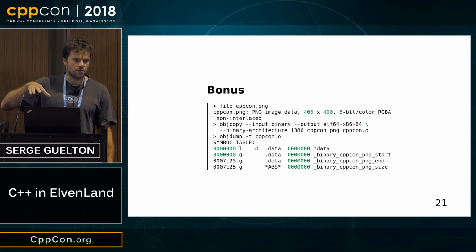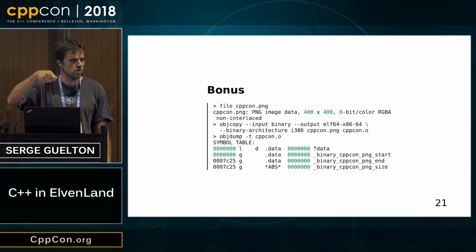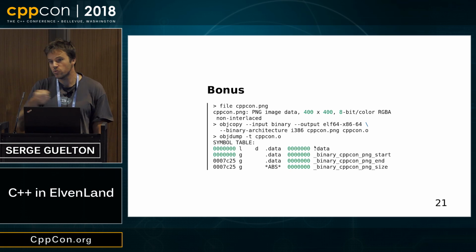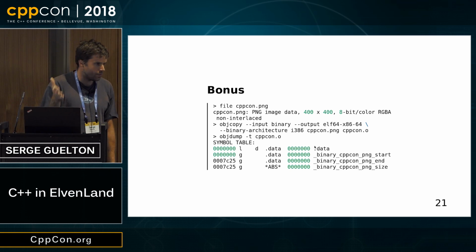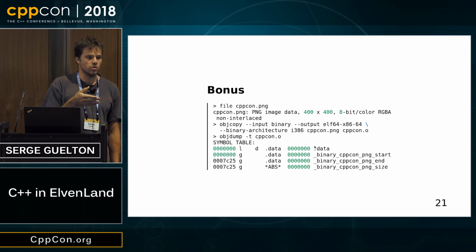Talking about low-level stuff is not very entertaining, so I'm trying to add some bonus, some stuff you could do now that you understand what happens. It may not be very relevant to your daily life, but this particular example may be. You've got an image, and you want to embed it into your application. There are different possibilities.